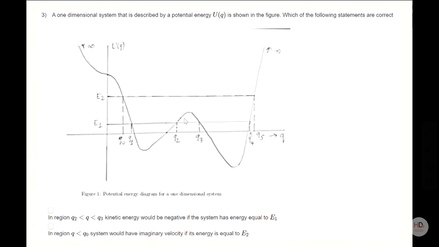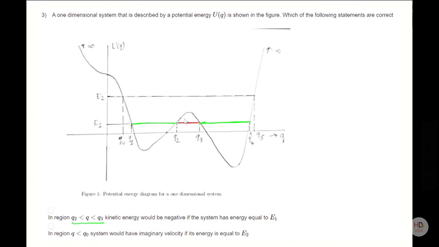The first statement is: in the region Q2 less than Q less than Q3, kinetic energy would be negative if the system has total energy equal to E1. Again, for E1, there are two allowed regions, and it's saying in the region Q2 less than Q less than Q3, which is this region, kinetic energy would be negative.